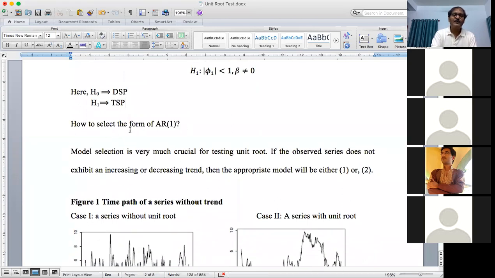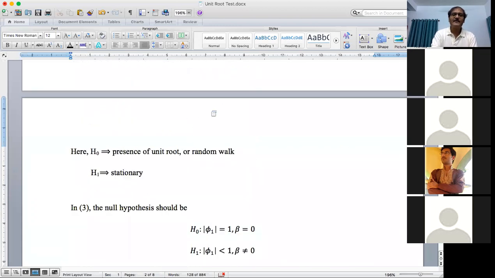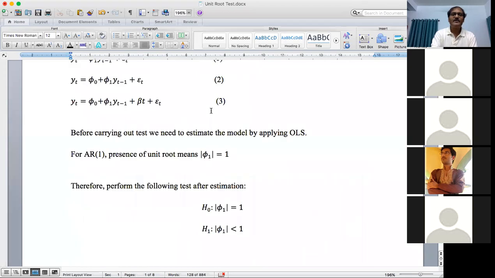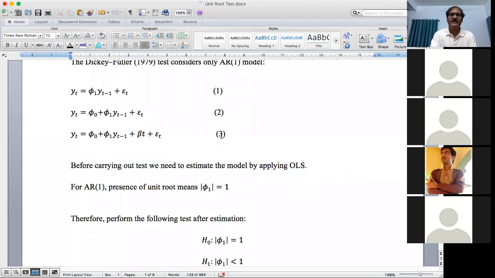I have already discussed this point, how to select the form of AR1. We have mentioned here 3 possibilities of AR1, equation 1, equation 2, equation 3. We have to select the appropriate one just by plotting the data. After plotting the data, you have to have some idea about the nature of the series, particularly relating to the intercept term as well as the trend component.